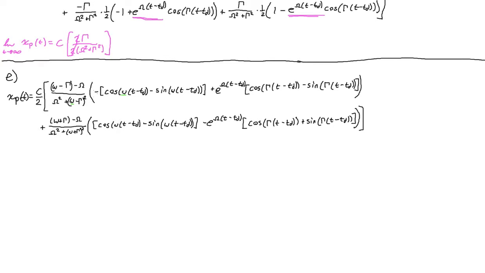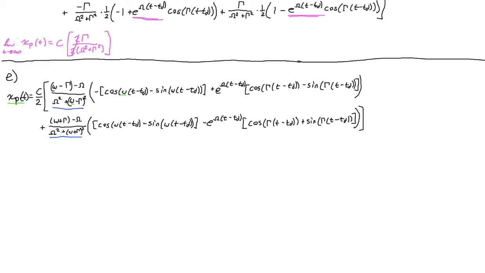So if you'll notice, what I've done here is I've rewritten the particular solution x sub p of t, and I've broken it up according to these two different coefficients.